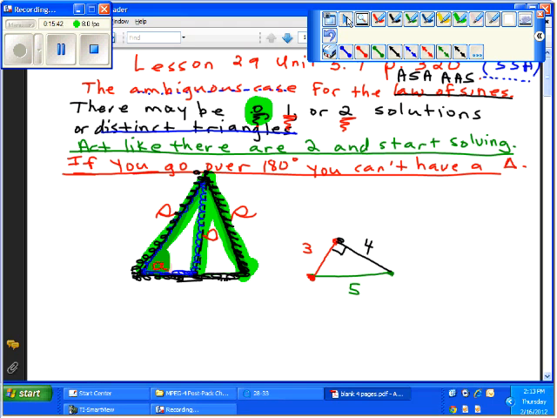So the situation is that if this was potentially an angle B right here, then my angle B could be the angle of the bigger triangle, or my angle B could be the angle of the smaller triangle.